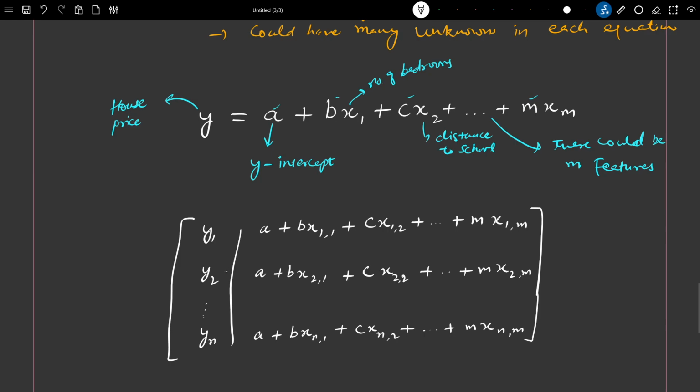So we have one of these y values representing a different house price. y1 could be again $200,000, and y2 could be like $350,000.